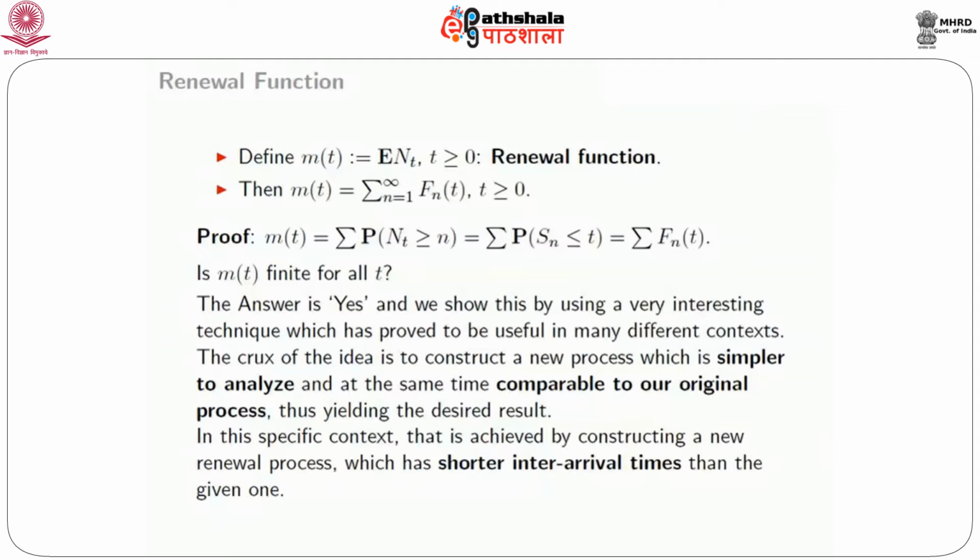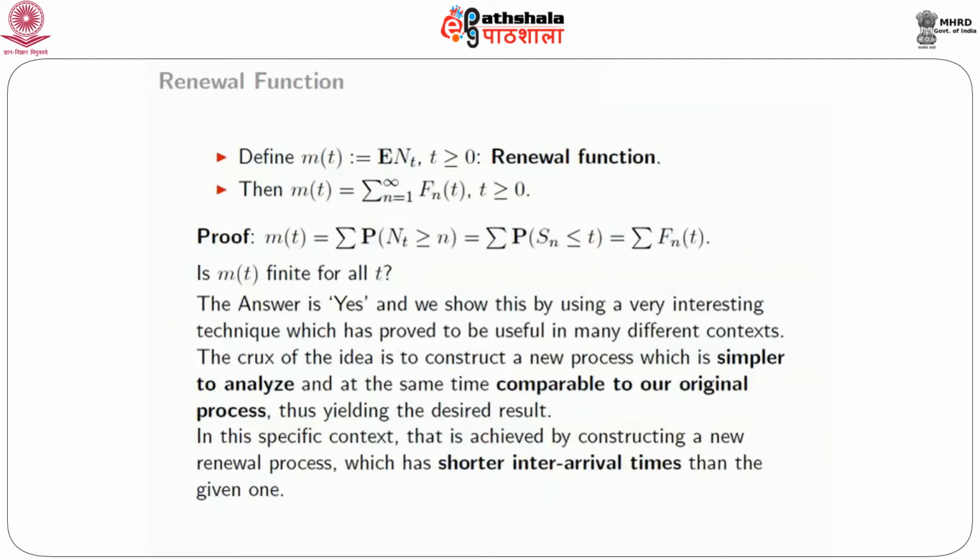In this specific context, this is going to be achieved by constructing a new renewal process which has shorter interarrival times than the given one, meaning that for that renewal process there are likely to be more arrivals up to time t compared to our N(t).